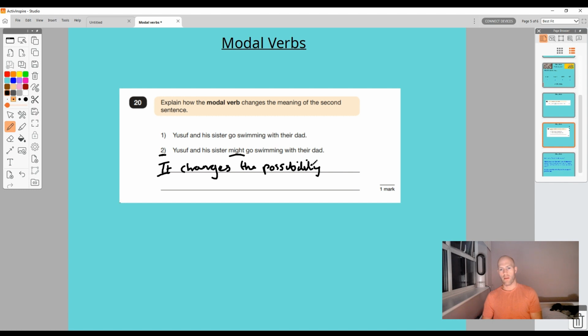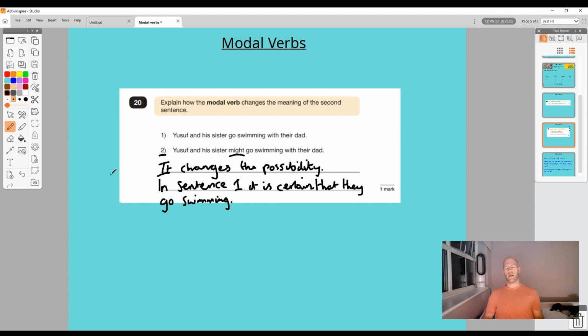And then what you really need to do is, in sentence 1, it is certain that they go swimming. We can write more than is in the box. So make it really clear that you understand that.